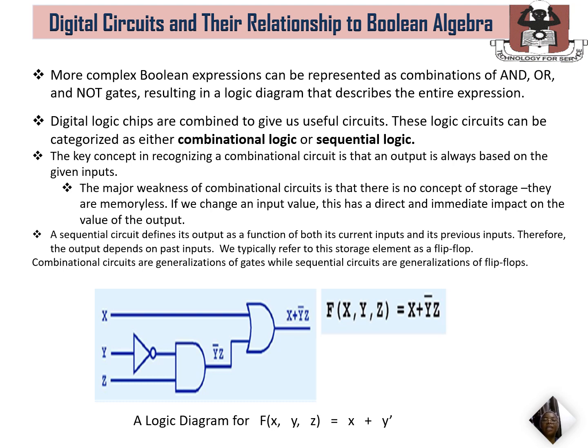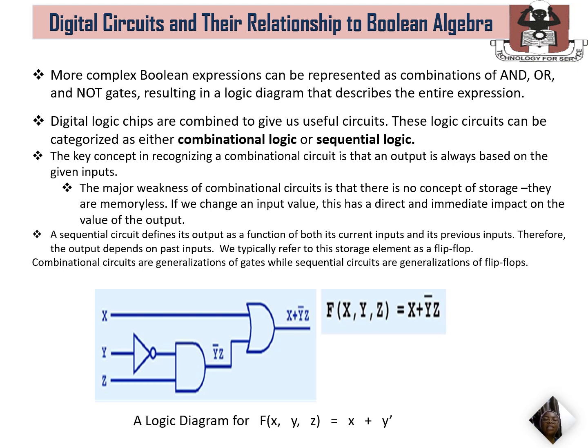The major weakness of this combinational circuit is that there is no concept of storage. They are memoryless. When we change an input value and the input value has a direct and immediate impact on the value of the output, then you can say that it is a combinational circuit.